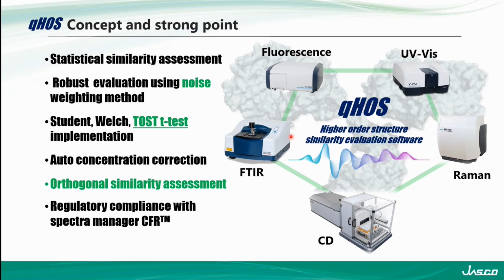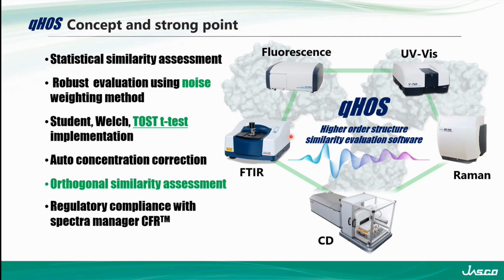We wanted to distill each of those methods into an easy to understand statistical package, so you can just take the spectra you've collected, put them through qHOS, and then you get back out both visual information that's easy to digest, and quantitative metrics on similarity.